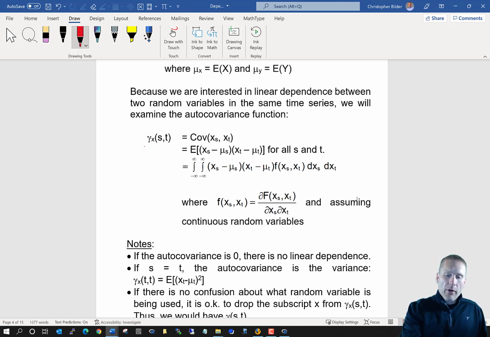In symbolic form, we define the autocovariance function as gamma, with a subscript x corresponding to the variable of interest, and in parentheses the two time points, s and t. All this is simply the covariance between x sub s and x sub t.